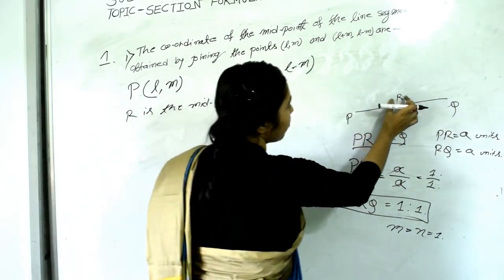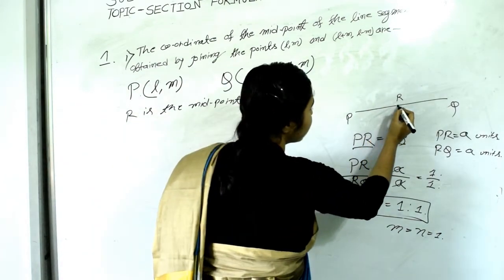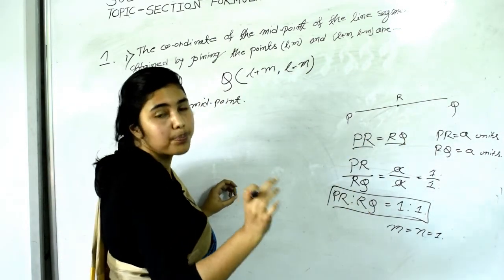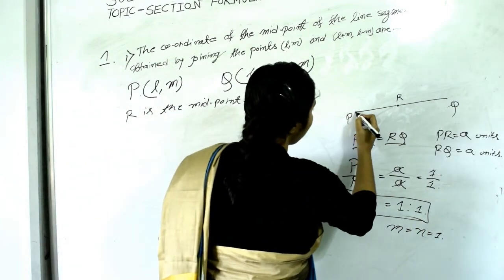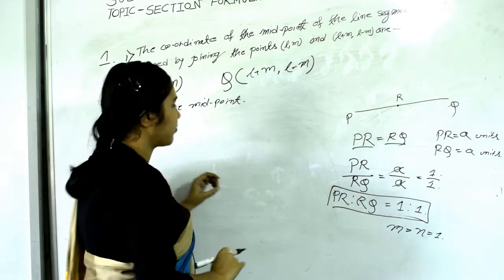Clearly this point divides this line segment internally because R is the midpoint of PQ, right? Which means R is between P and Q.